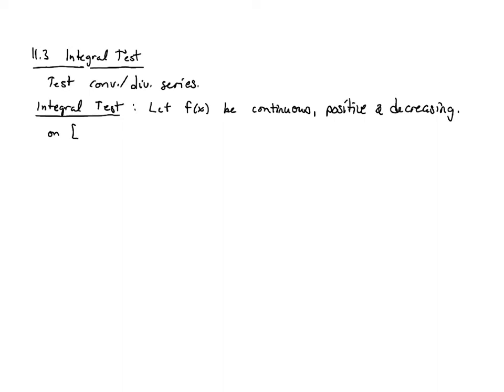So let's say that it's true on the interval from k to infinity. And we're going to assume that the terms of our sequence are given by this nice continuous decreasing function.